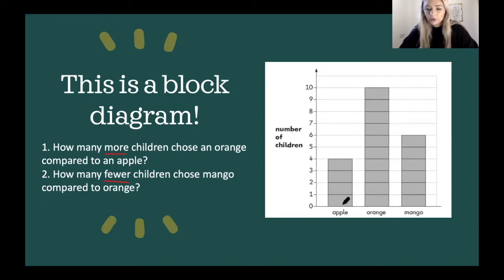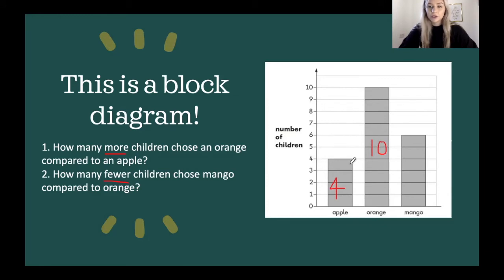So we know that 4 children chose apple, and we know that 10 children chose orange. So we need to find the difference between these numbers. Now we know that if we do 10 take away 4, we're left with 6. So we could do a calculation to work it out.